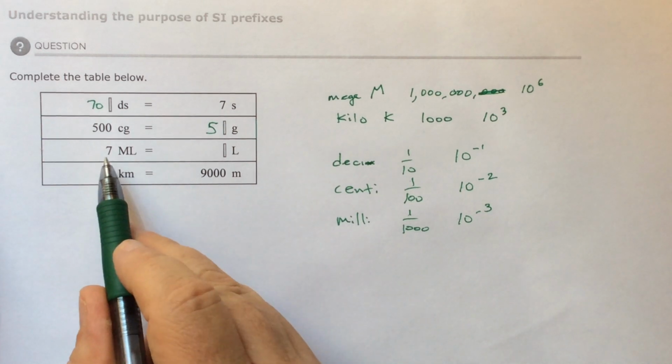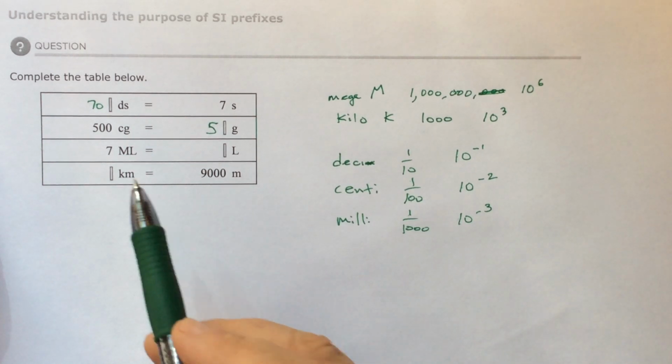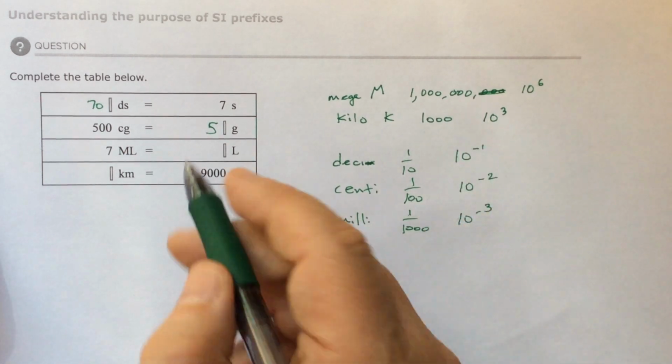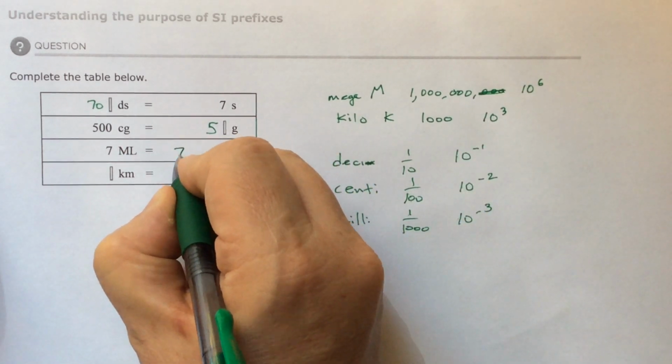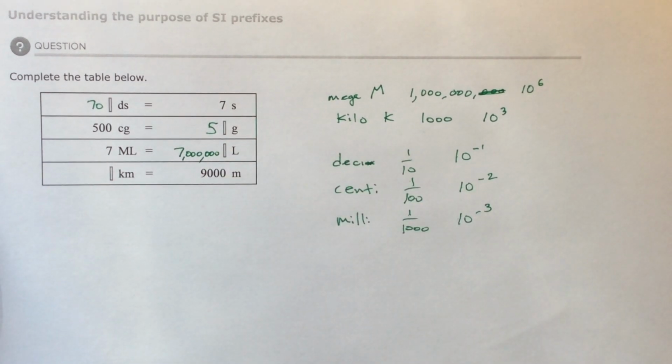Next one here, I've got 7 megaliters. The 7 will simply be multiplied by whatever mega is, and mega is a million. So this is 7 million, or 7 times 10 to the 6 liters.